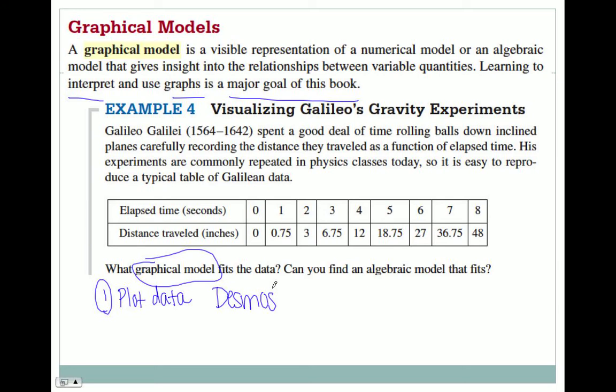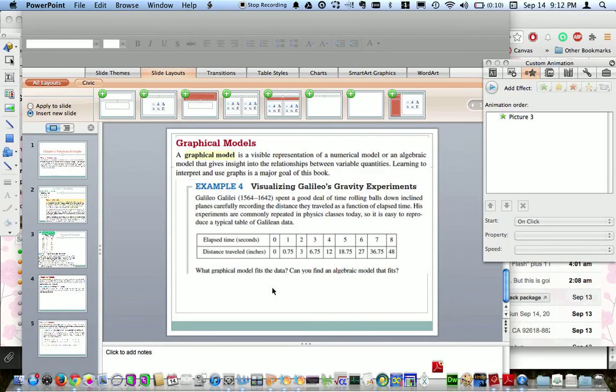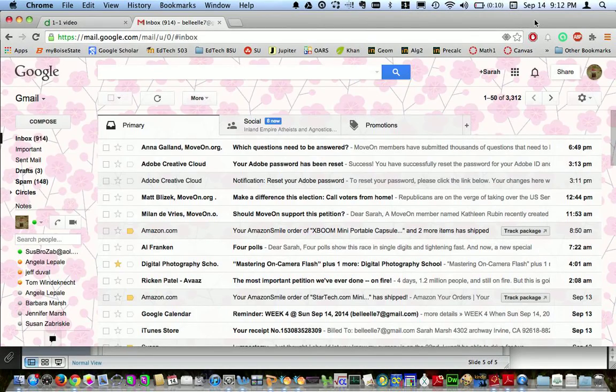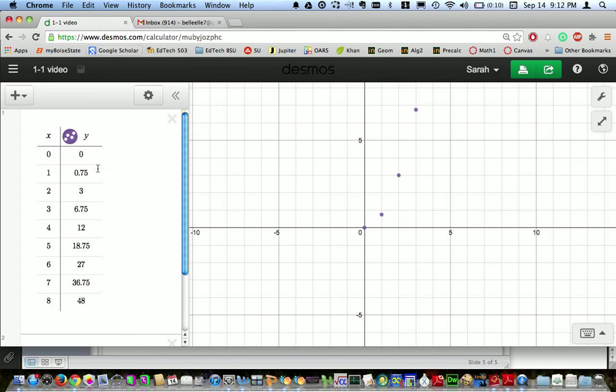So I'm going to show you how to use Desmos to do this. Okay, so I'm getting out of PowerPoint here. And what I did in Desmos is I made a table. If you want to do a table, you have to go to Add Item and Table.